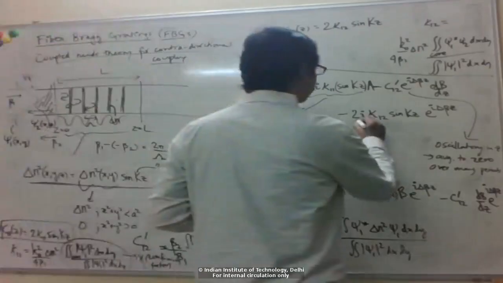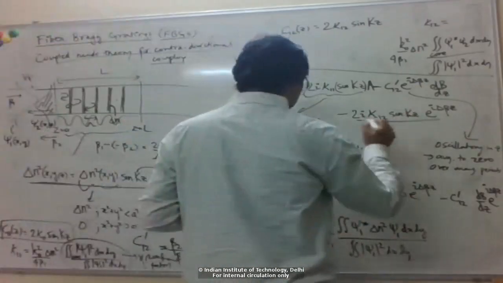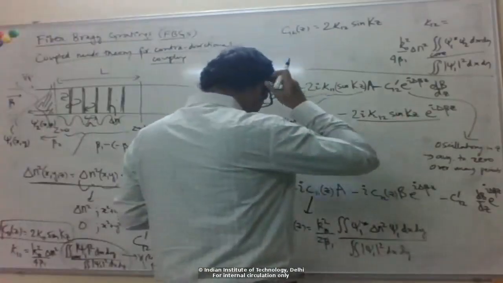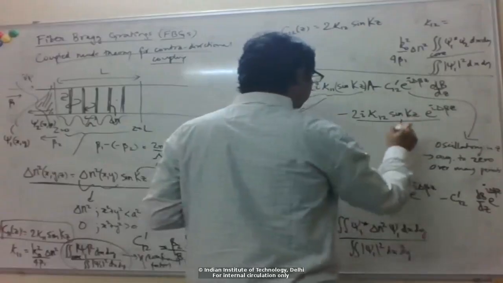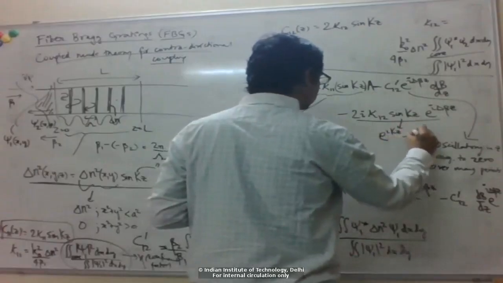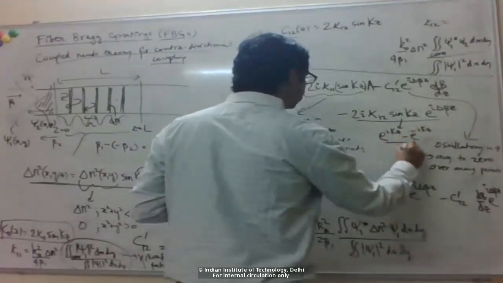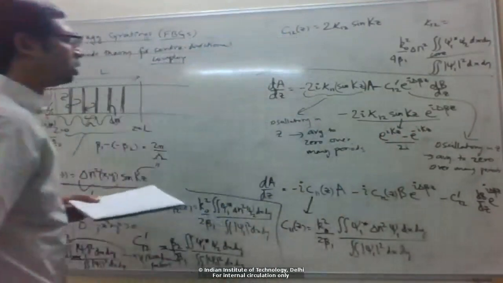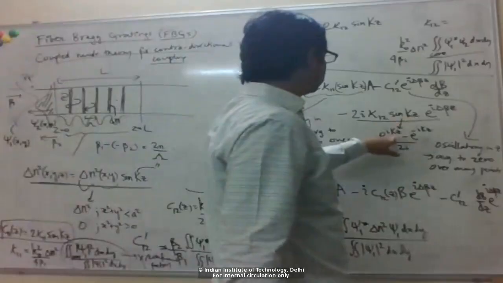Now this third term here. If we write the sine of capital K z in terms of exponents like this, then you'll see that we'll have two terms.